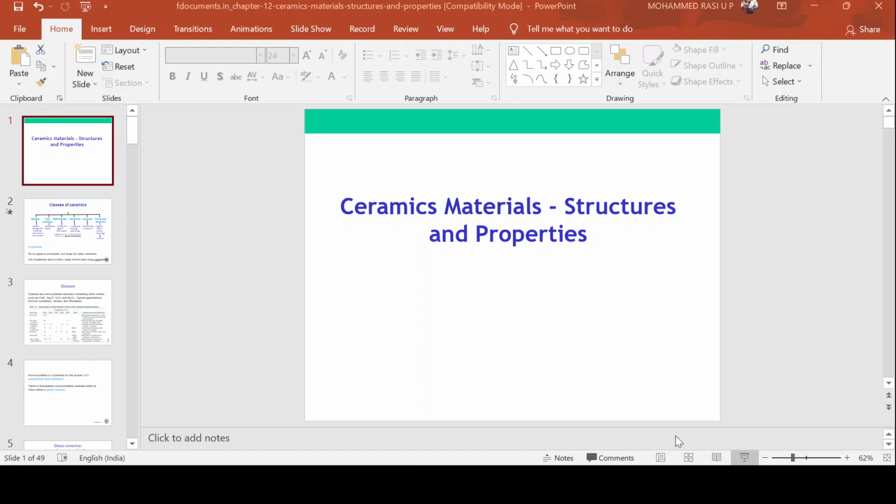Here you can see different silicas. Fused silica has 99.5 percent silicon oxide in its content, a high melting temperature and a very low coefficient of expansion. Vycor is 96 percent silica.